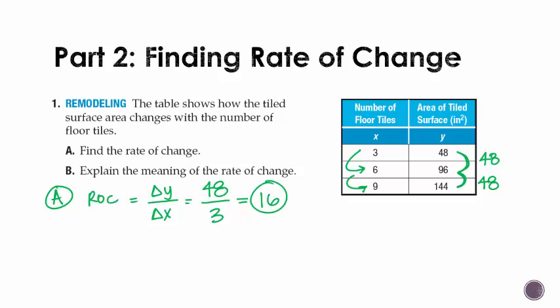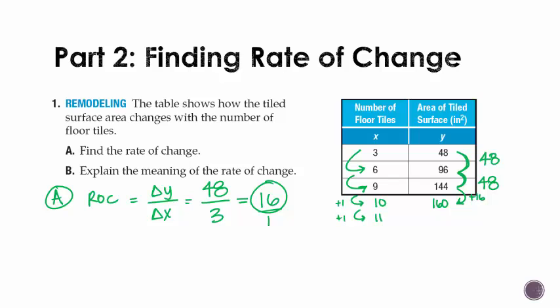So explain the meaning of the rate of change. The awesome thing about rate of change is because it's a ratio and because it's a fraction, we can simplify it and then get something like this, 16 over 1. Which means that if I change this by 1, I would change this by 16. So if we add 1 and get 10, change this by 1 and add 16, that would give us 160. And we could keep doing this all day long.